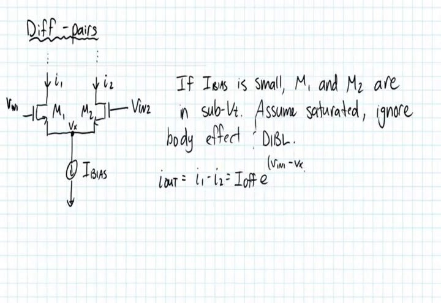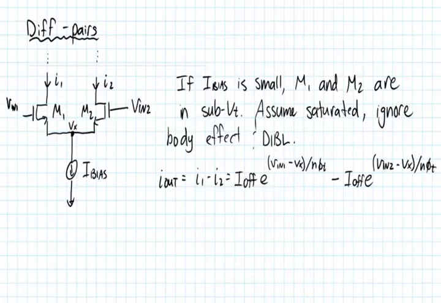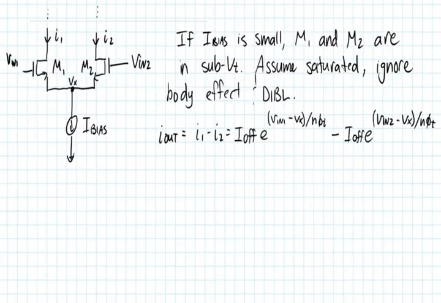That's the gate to source voltage across that first transistor, over n phi t, minus I off of M2, which we're assuming to be the same as M1, times e to the Vin2 minus Vx over n phi t. Okay, so that describes the output current of our circuit.